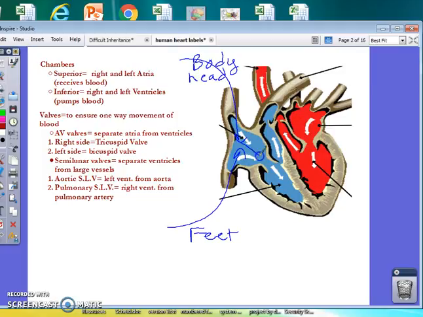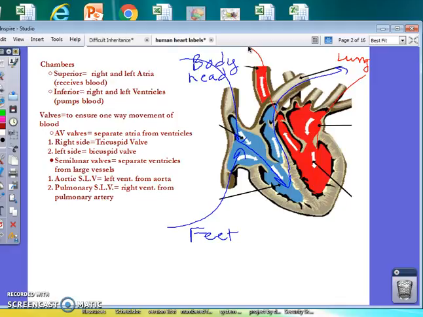That blood is then going to travel from the atria to the ventricle, from the ventricle out into the lungs, and once it's in the lungs, it picks up oxygen, and now that blood turns red and it comes back into the left atrium and travels down the left ventricle and goes out to the body where that oxygen can be used.